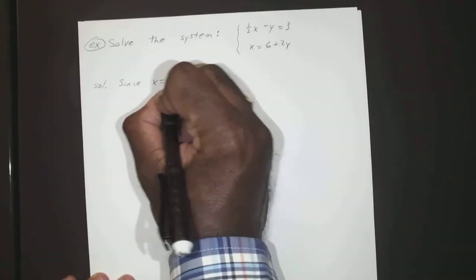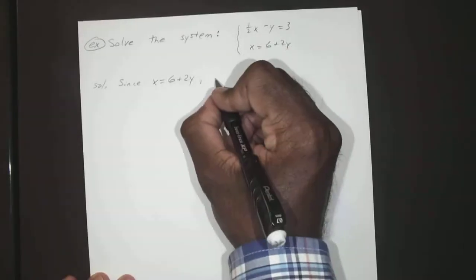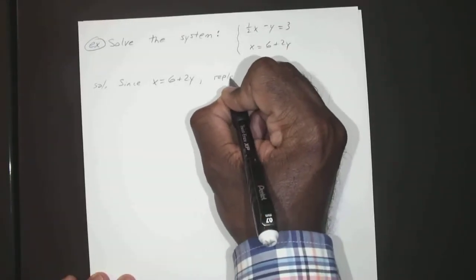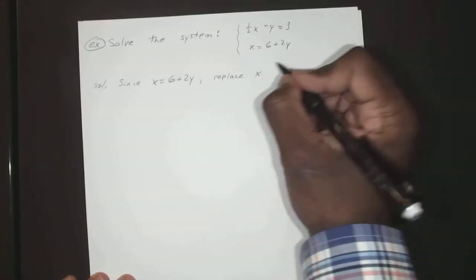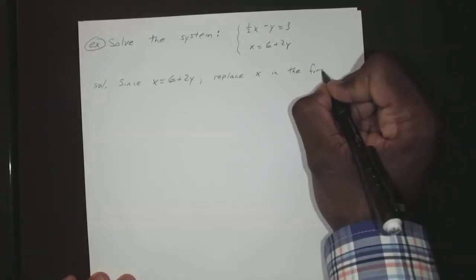Since x is equal to 6 plus 2y, you just replace x in the first equation.